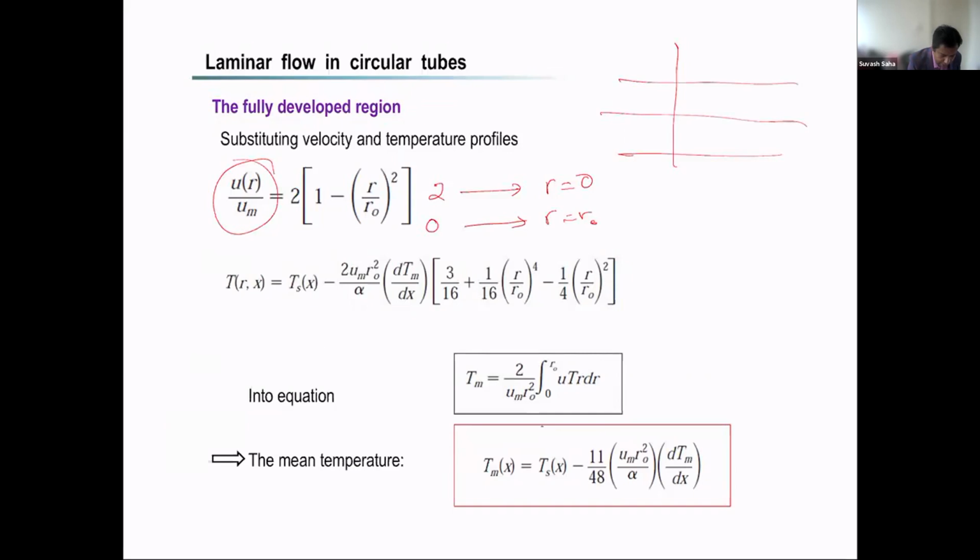So velocity profile looks like this. This is R equal to 0, this is R equal to R naught, and this is R equal to minus R naught. When R is 0, you can see the maximum velocity. If R is equal to R naught, velocity is 0. If R is equal to minus R naught, it is 1 minus 1 equal to 0, so the velocity is 0. So at these 2 surfaces velocity is 0, and in the middle is the maximum velocity. And it looks like a parabola.